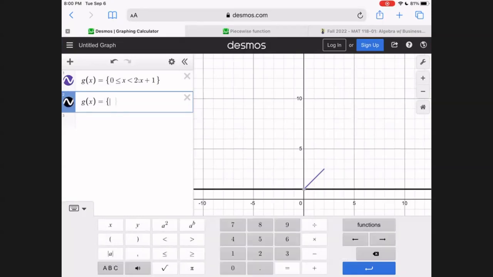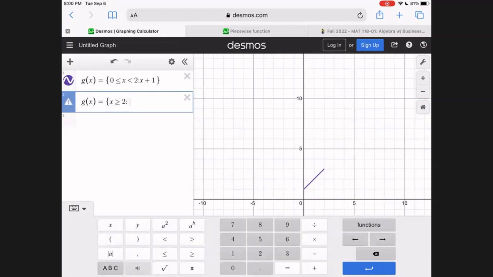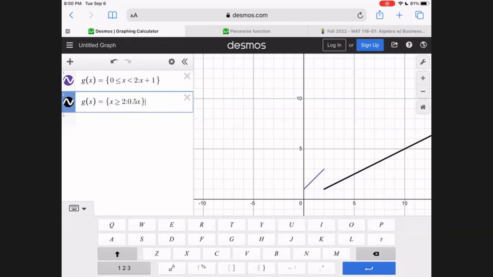Do your restriction first, if x is greater than or equal to 2. And then remember, you do your colon, and then type in your equation, 0.5x. If you want to put a 0 in front of the decimal, that's fine too. And then we're going to close it.